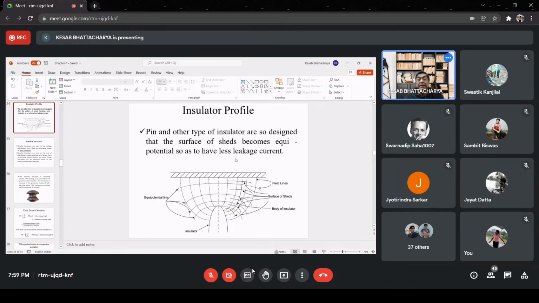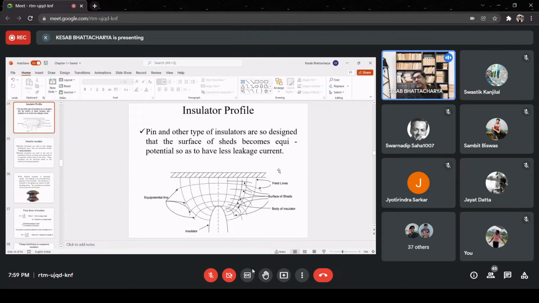Insulator profiles of pin and other type of insulators are so designed that the surface of shades becomes equipotential so as to have less leakage current. Now if you look at the arrangement of any insulator, maybe pin type or disc type, this is your high voltage conductor.